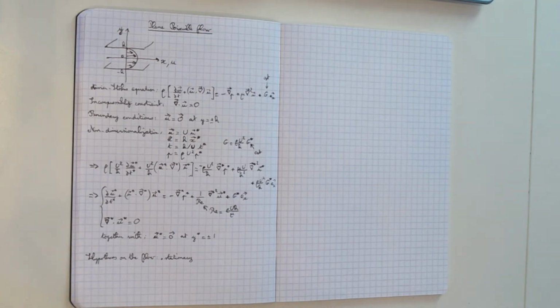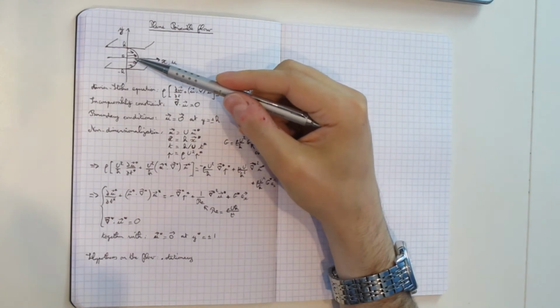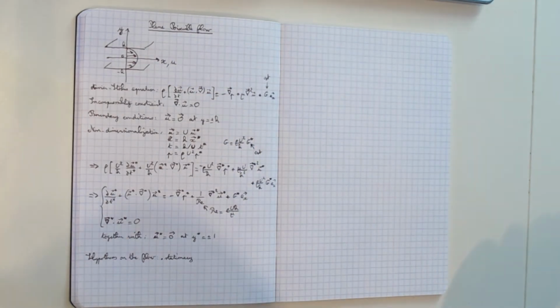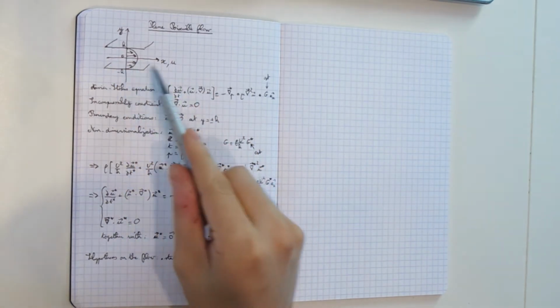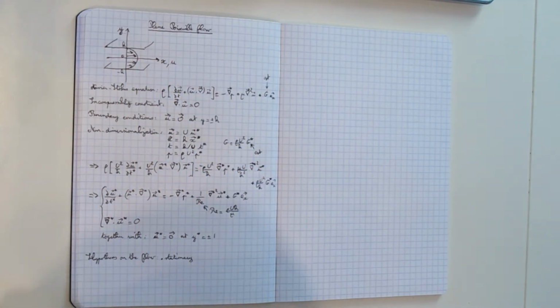Second of all, we actually want a one-dimensional flow. We don't want any flow in this y direction. There is no reason to have a flow in the y direction because the driving force is in the x direction. So we can imagine that it's only moving in the x direction.